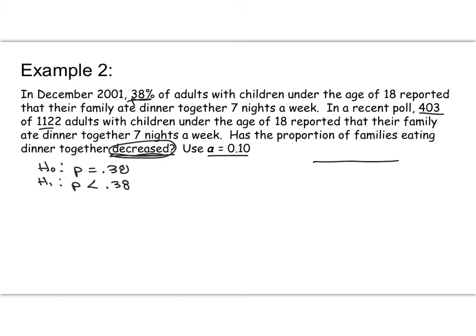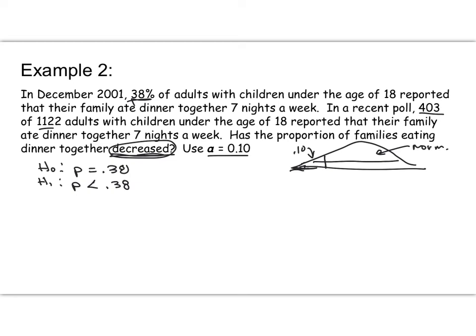Okay, so if you draw the curve, I'll do it over here. Our line's a little bit deeper than that, sorry. Just ignore this line in the middle there. We are looking where the area is 10% down here at the bottom. Up here would be the normal area, or the area we might expect our proportion to be.